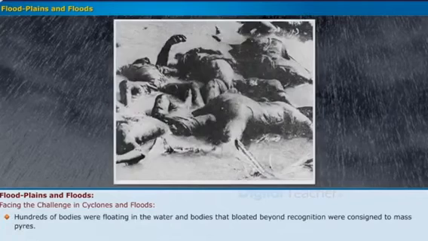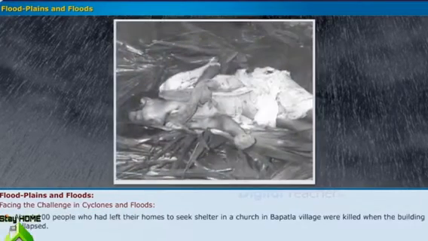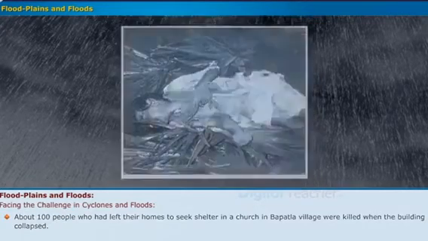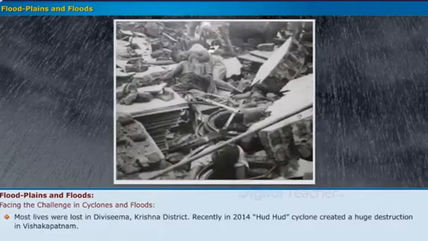Hundreds of bodies were floating in the water, and the bodies that floated beyond recognition were consigned to mass pyres. About 100 people who had left their homes to seek shelter in a church in Bapatla village were killed when the building collapsed. Most lives were lost in Divisima, Krishna district.